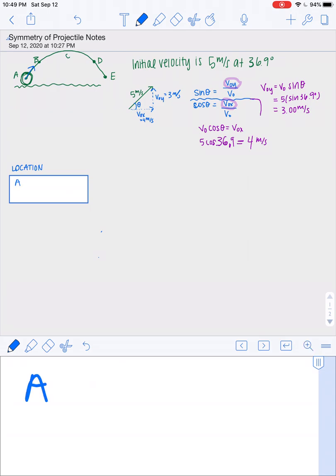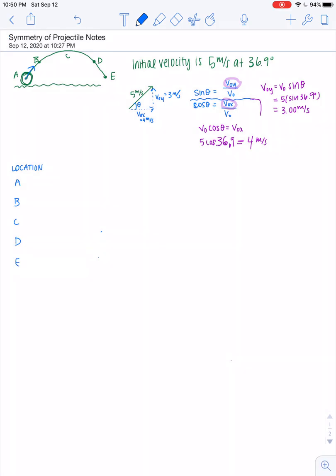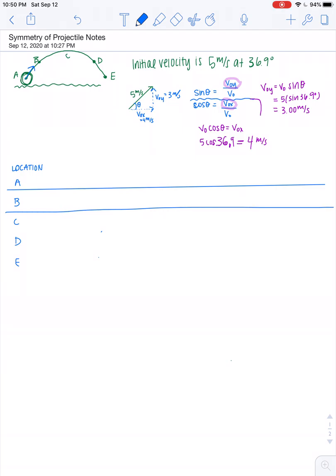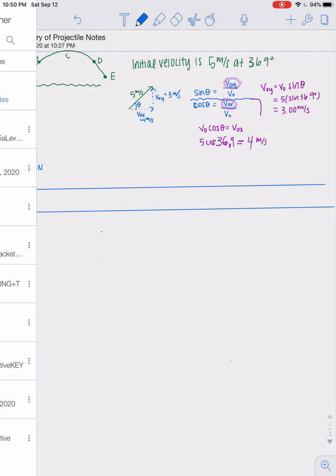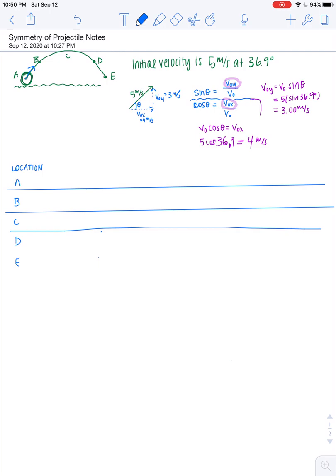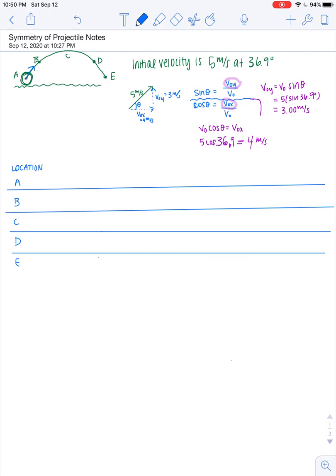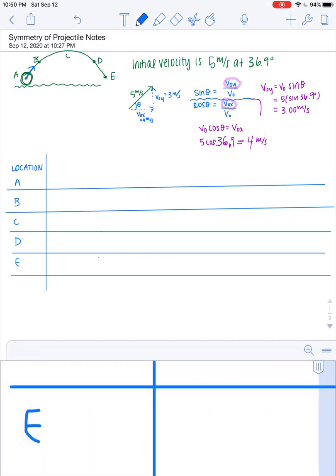So we're going to have location A, B, C, D, and E. So again, you should be copying all this down in your lab notebook.